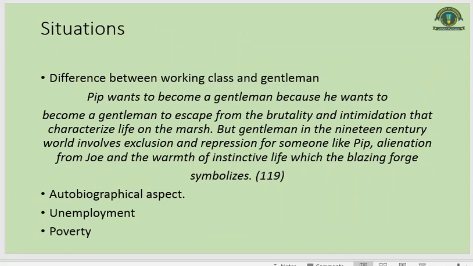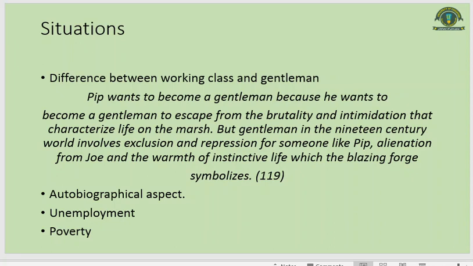Okay, the third point is situations. How Charles Dickens creates different situations, mixing situations that make people confused. He is in fact making a difference between the working class and the gentleman class.